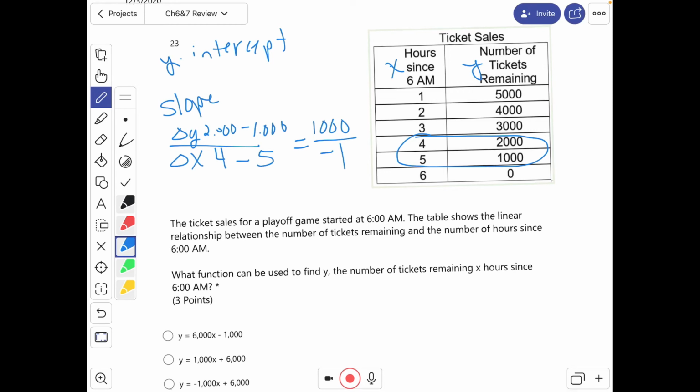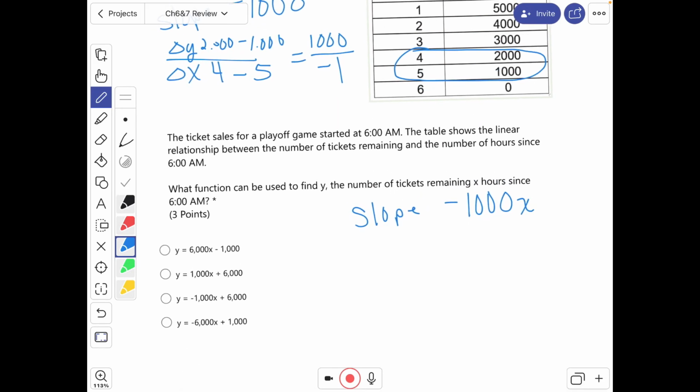And 1,000 divided by negative 1 would make negative 1,000. So the slope is negative 1,000. And remember, the slope is the number multiplied times x. So negative 1,000 times x. We could look at our answer choices and see which ones have that. This one does not.